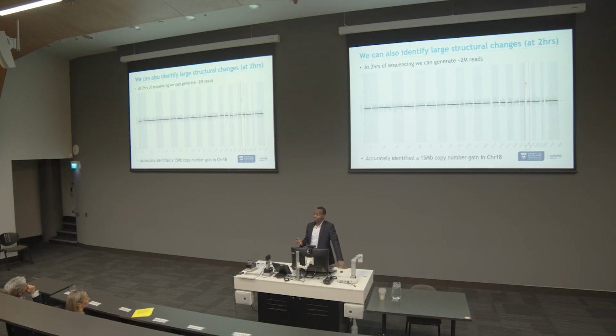And as Frank mentioned, microarray takes quite a while, over 2 weeks. And for us, we are showing that using this technology, within 2 hours, we can really adapt and identify some of these large structural changes.